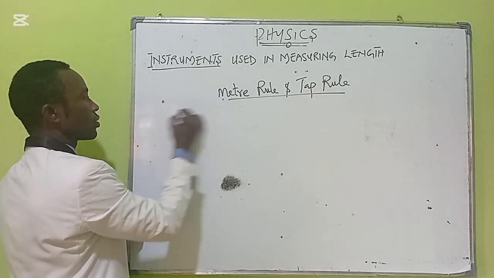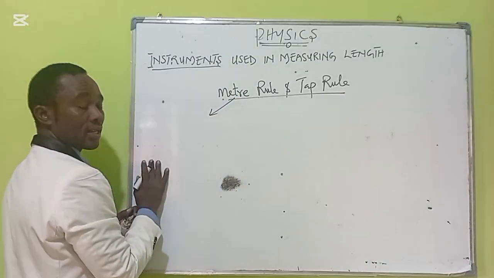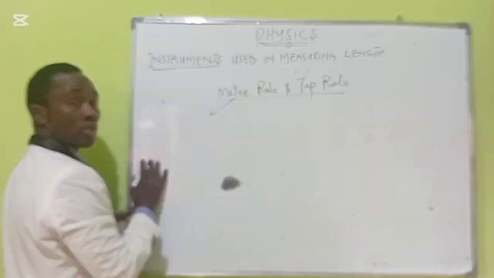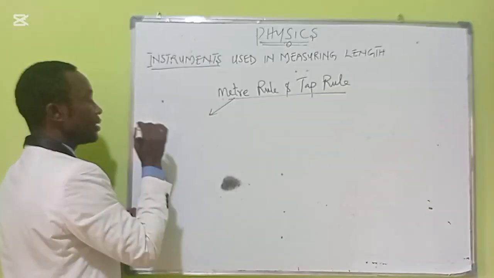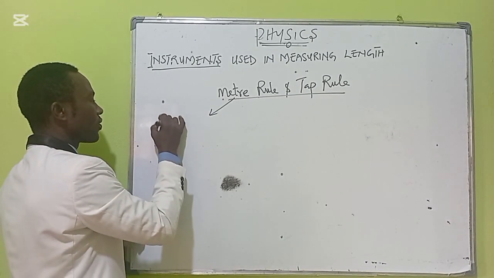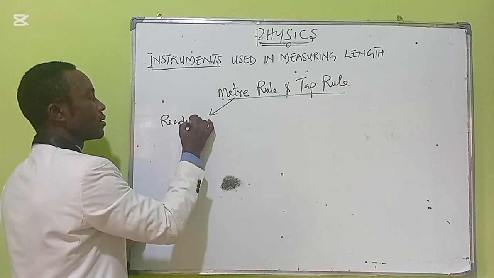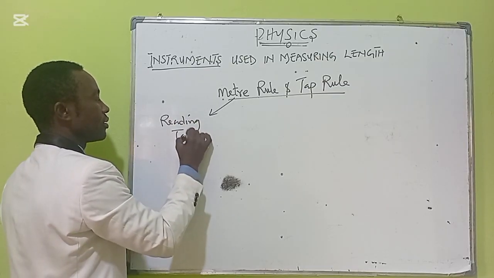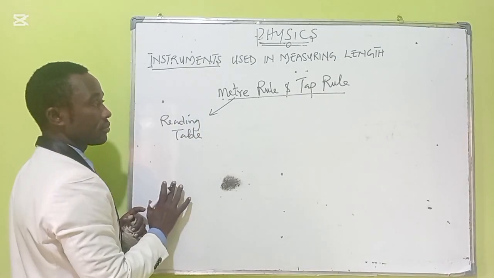Now the meter rule measures short distances, like the length of a reading table.